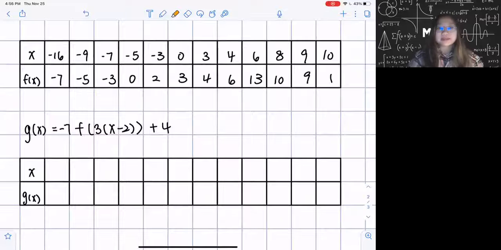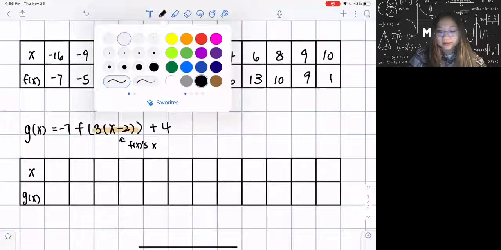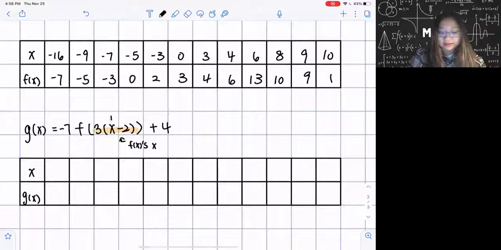So how can I do my x values transformation? There's a really easy way to understand it. Here, this thing inside of my f of x parentheses is my f of x. And this x over here is my g of x.